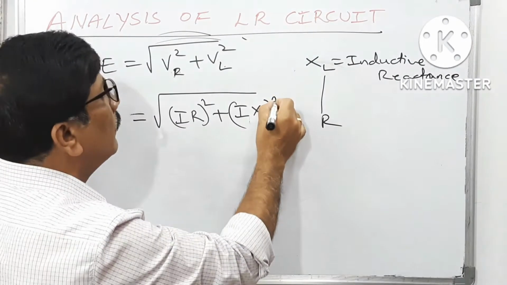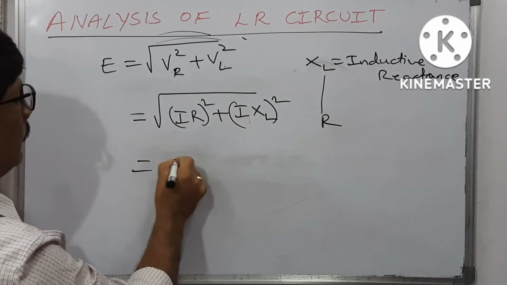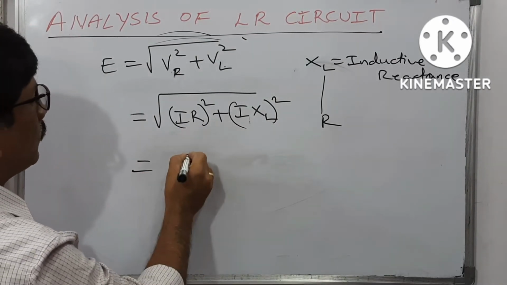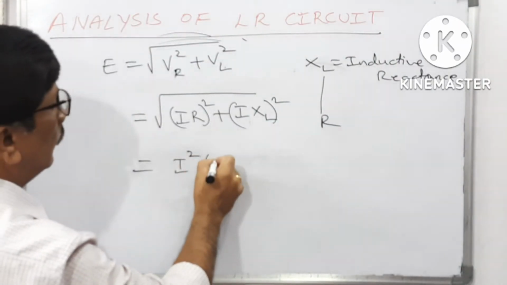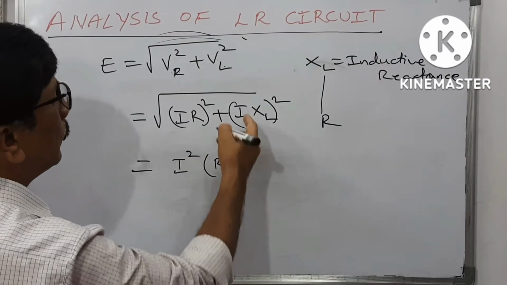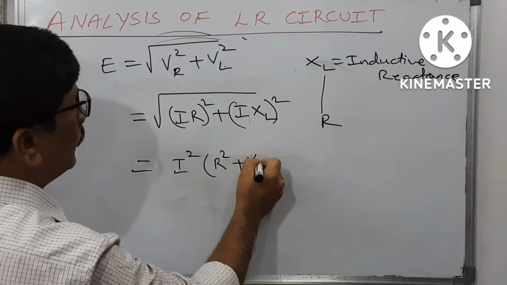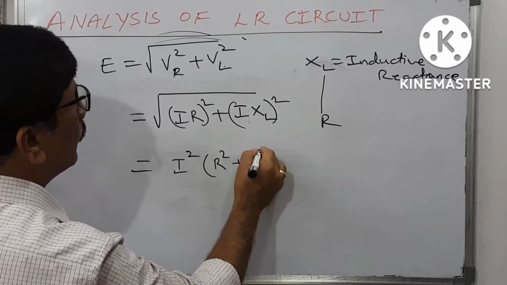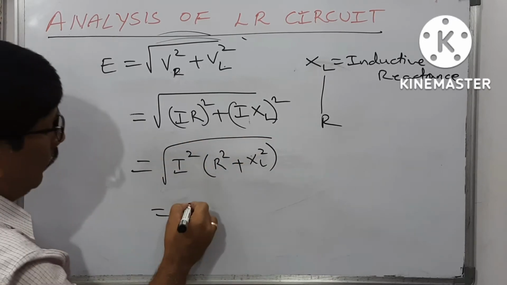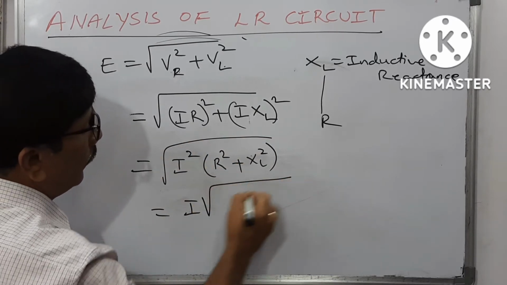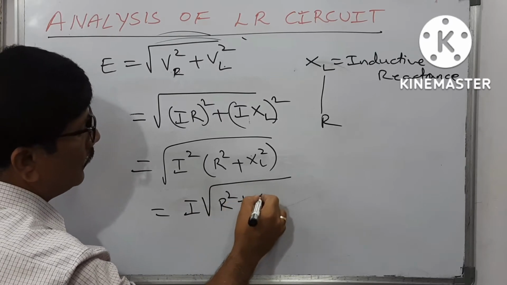So this is also having square. So you can write it as I R square, I square R square. So I square is common. Then R square plus XL square under root. Then I is coming outside. Then you can write it as R square plus XL square.